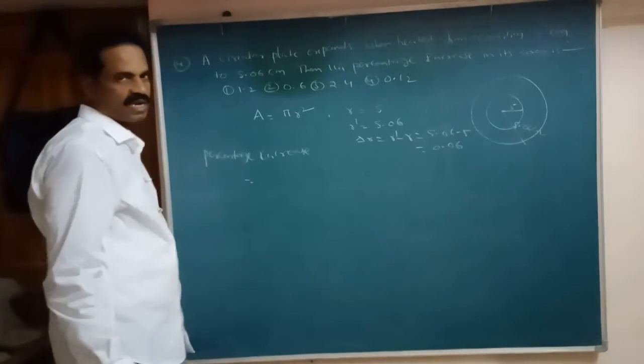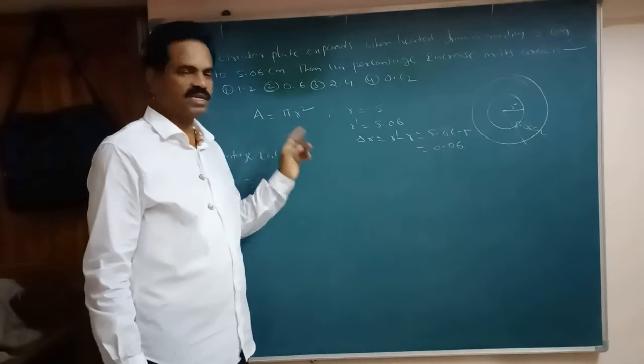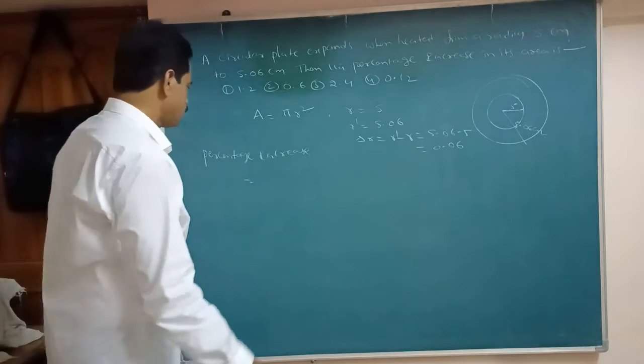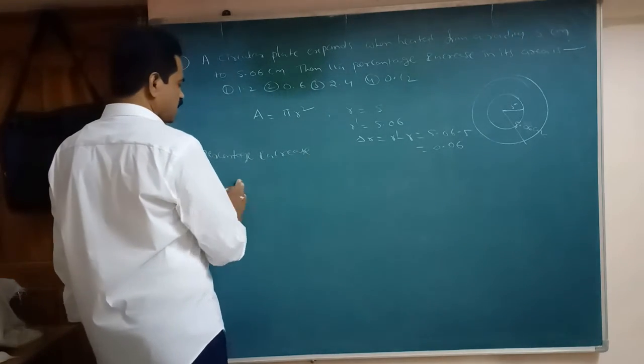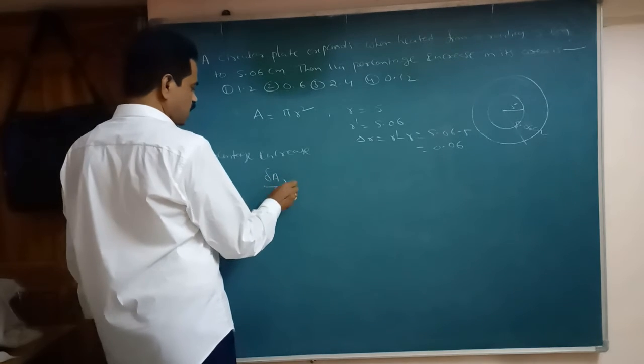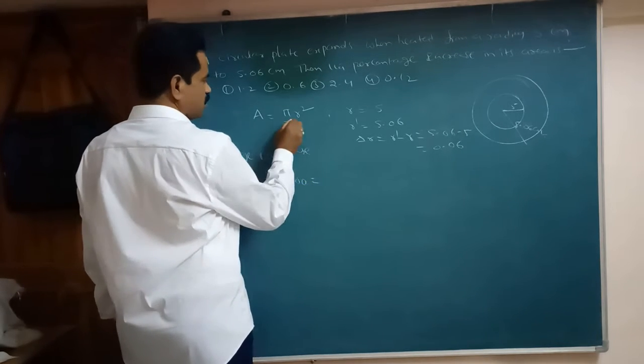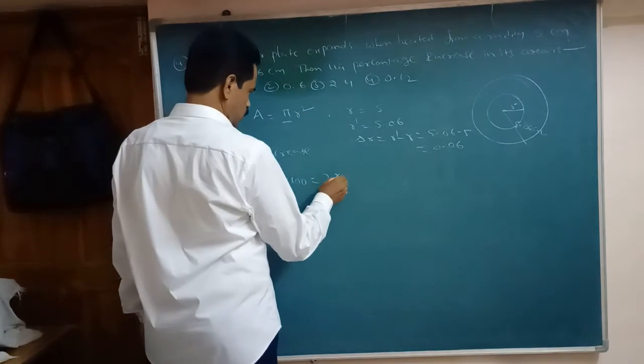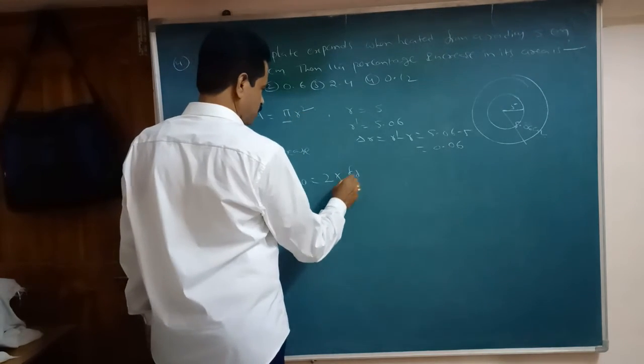Now we discuss the shortcut. When there is no need to consider the constant value, you take only the degree. So percentage error equal to delta A by A into 100, you don't consider the constant, only the degree, that is 2 into the percentage error in r.